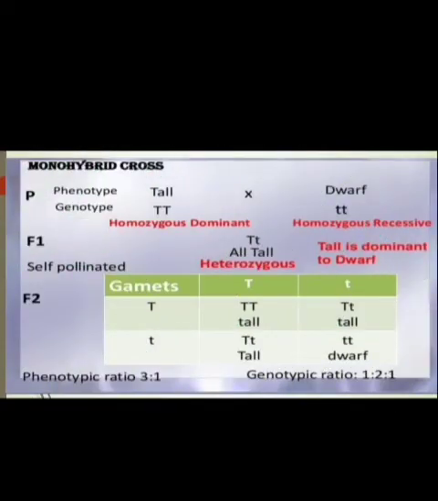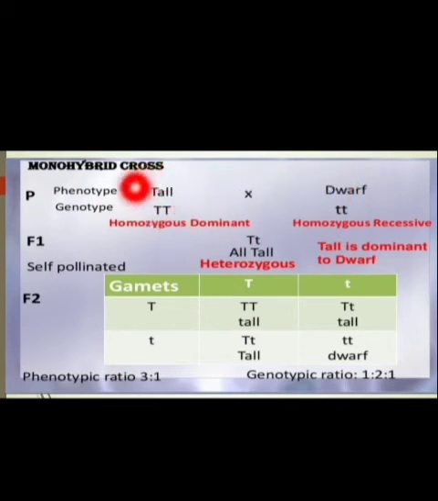See here in detail. This cross is called the monohybrid cross. What is meant by monohybrid cross? A cross between two parents by considering only one pair of contrasting characters. Suppose this is a male and this is a female.